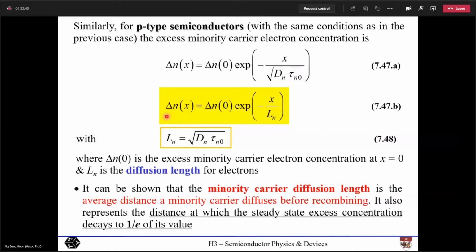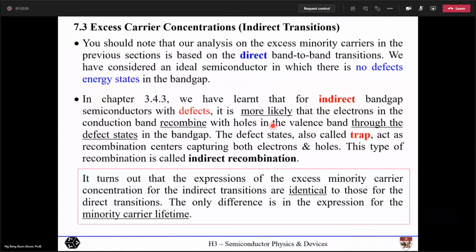Of course, in this case, because you're looking at electrons, the characteristic length in the denominator must be related to that of electrons: the minority electron diffusion length in the semiconductor. So that more or less concludes the second non-equilibrium condition, which involves injecting carriers at one end of a semiconductor and deriving the excess carrier concentration as a function of distance into the semiconductor for the steady state case.